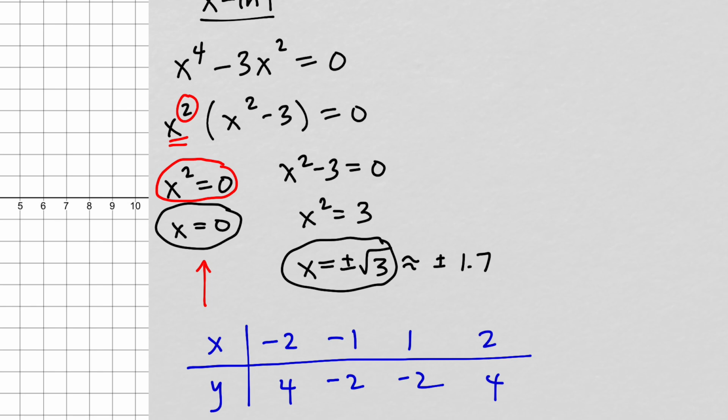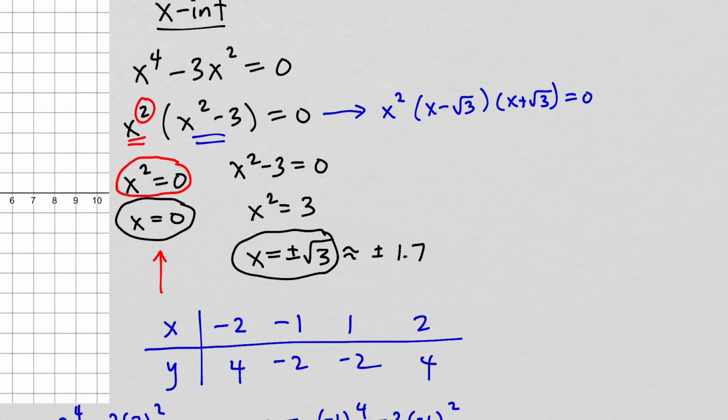So I want you to notice that I could have factored this a little bit more. x squared minus 3 actually does factor into x minus radical 3 and x plus radical 3, right? And that's why we got the answers that we got down here. But each of these are raised to the first power.